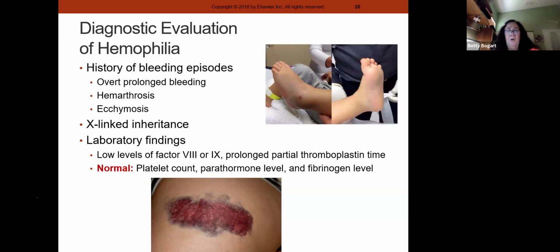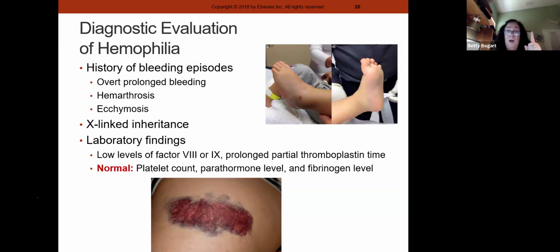So how will we know maybe it's hemophilia? Your PTT, that's that heparin thing that we look for, is really long. I think the high level is like 40. It could be 400. So prolonged PTT, platelets are normal, and these other levels that have to do with bleeding, they're all normal.